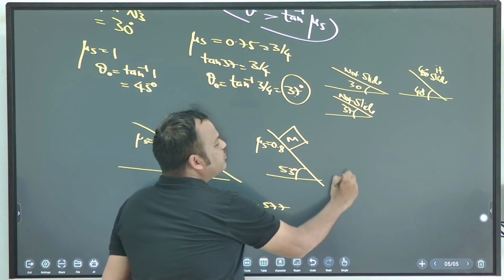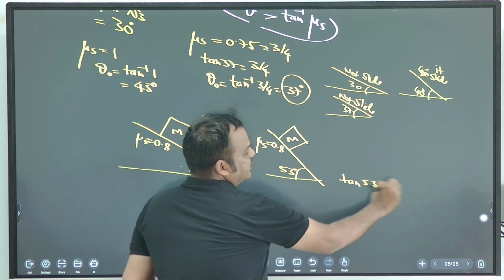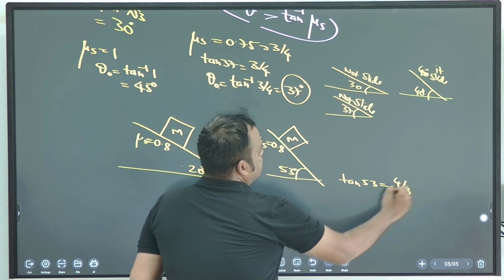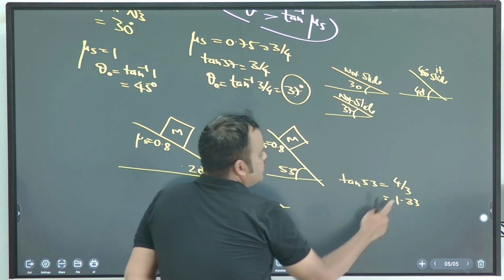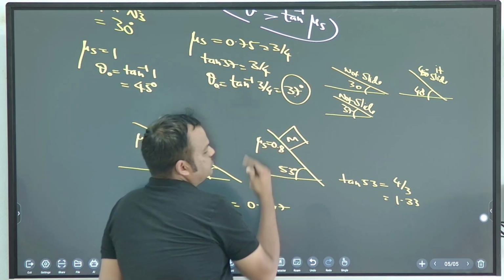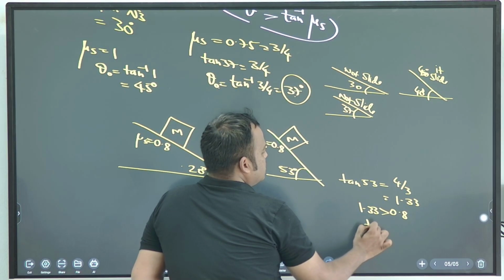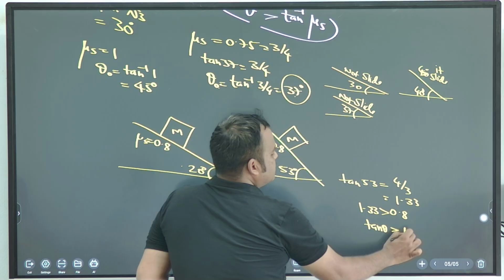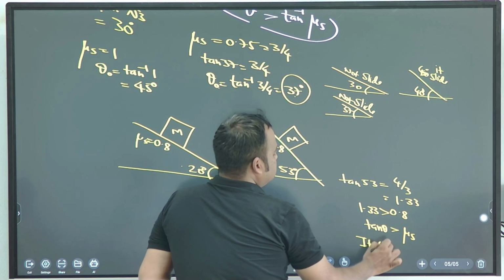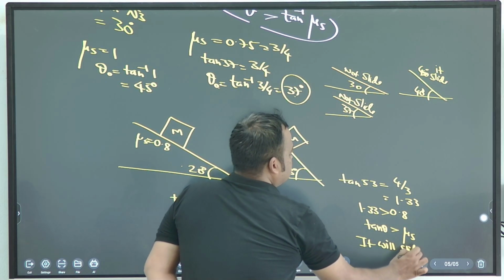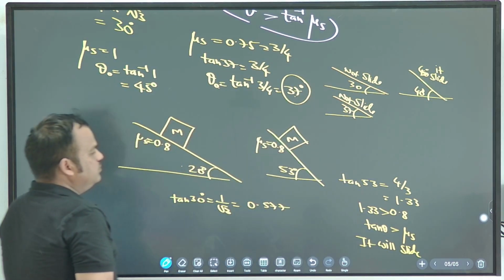So calculate tan 53. What is tan 53? 4 by 3, which means 1.33. So 1.33 is greater than 0.8. So tan theta is greater than mu s. So it will slide.